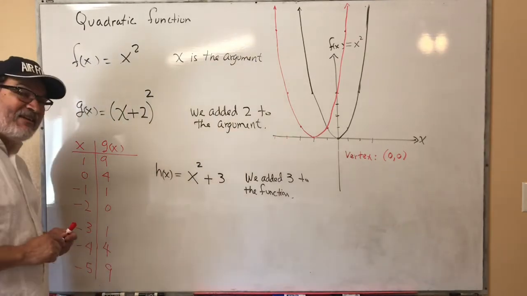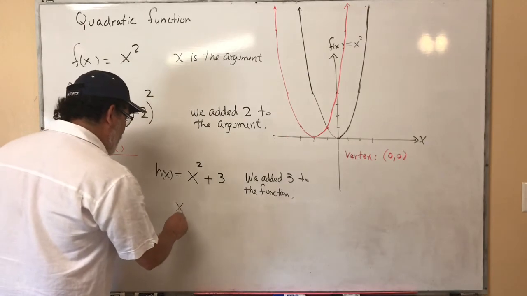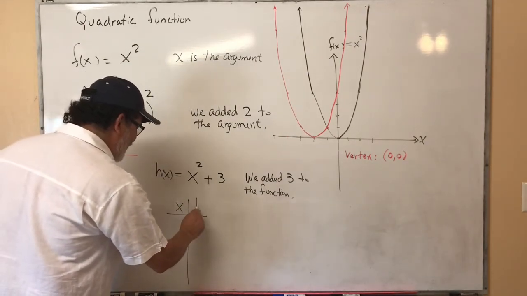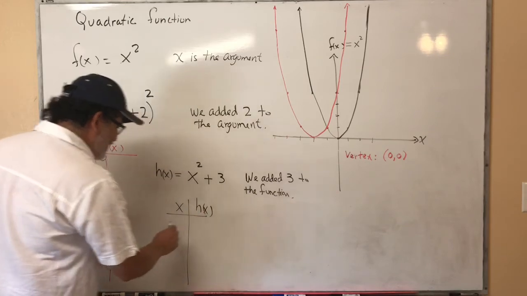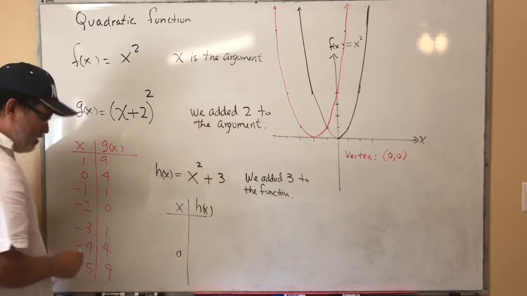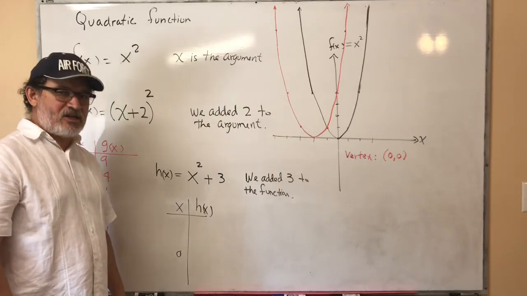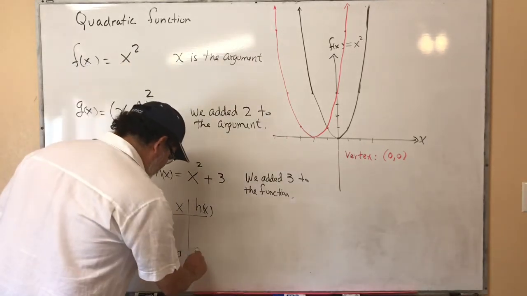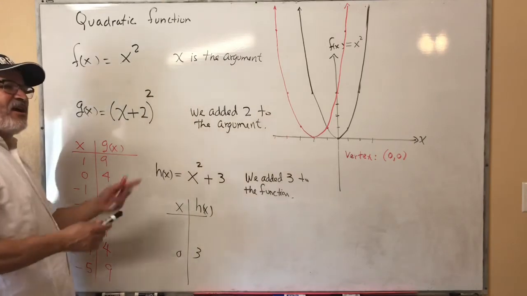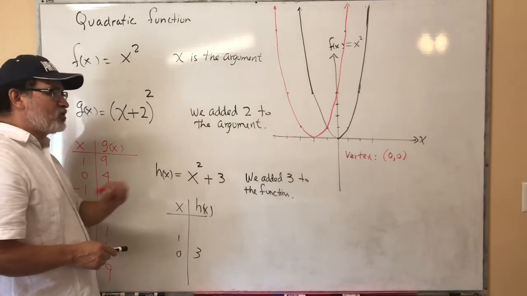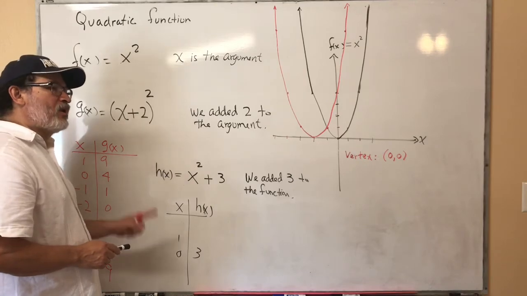If you don't believe me, we can make a table. x and h of x. If x is 0, what's 0 squared? 0 plus 3, 3. If x is 1, what's 1 squared? 1 plus 3, 4.